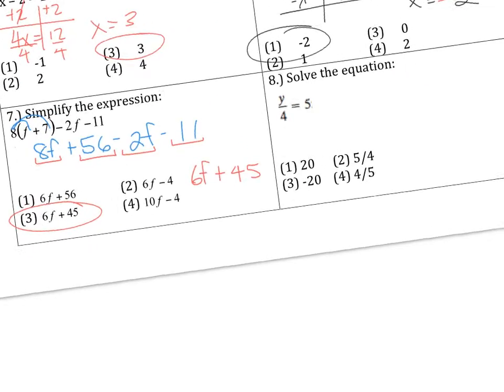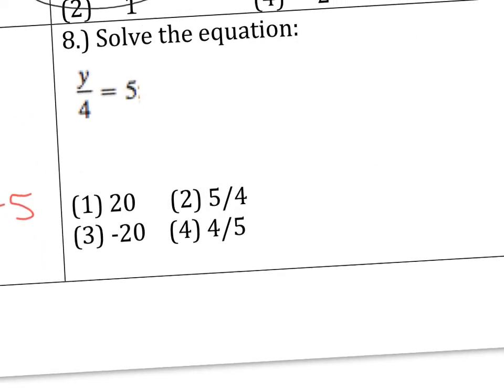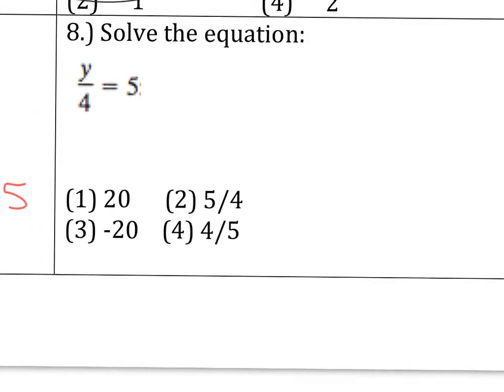Okay, number 8, last one on the page. Fraction. In order to get rid of the fraction, you got to multiply both sides by whatever the denominator is. So the right-hand side is going to say 20, and the 4s on the left are going to cancel out because it's like 4 divided by 4. So the answer is 20.